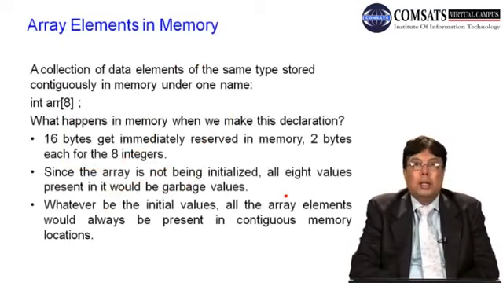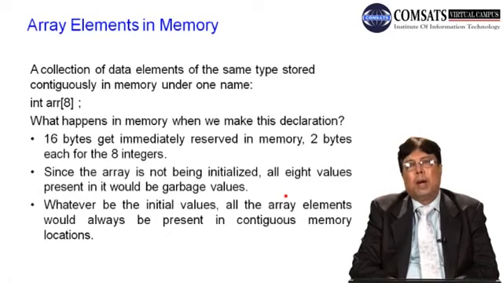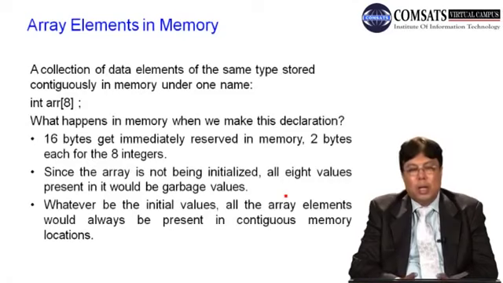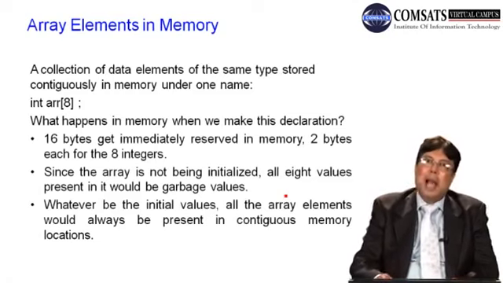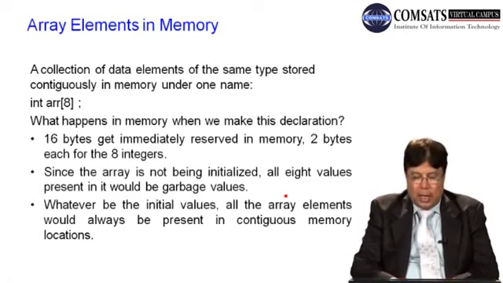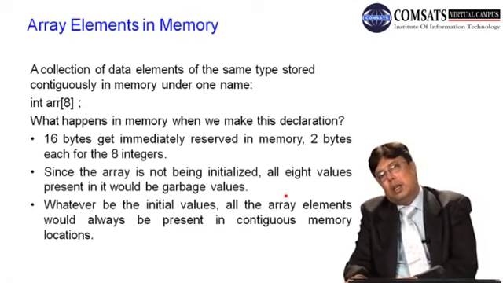So array elements in the memory: a collection of data elements of the same type stored contiguously in memory under one name. पहली बात मैंने आपको कही कि वो एक जैसे डेटा एलिमेंट्स हैं. अब एक नई शर्त भी लगा दी. They are stored contiguously. Contiguously का क्या मतलब है? One after the other without leaving any blank in between. यानी कि एक डेटा एलिमेंट खत्म होने के फौरन बाद दूसरा डेटा एलिमेंट, उसके खत्म होने के बाद तीसरा डेटा एलिमेंट.